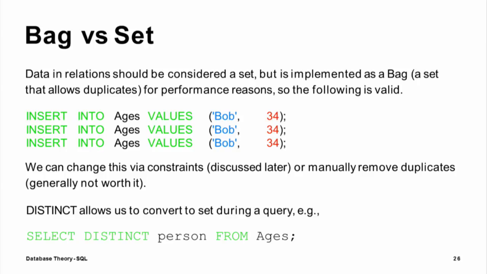Then you add the distinct keyword. So using select distinct person will just return one row. And sometimes, because your table is badly designed, you have to use distinct because you get multiple rows as a result.